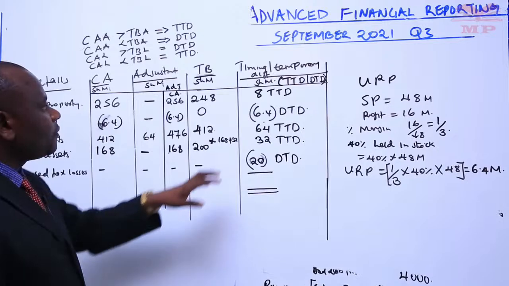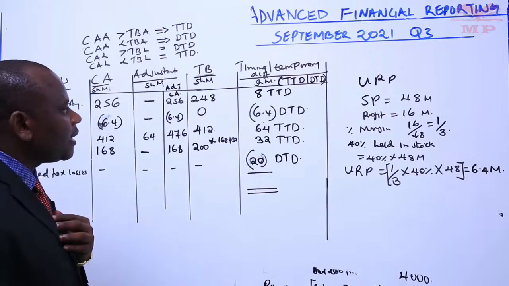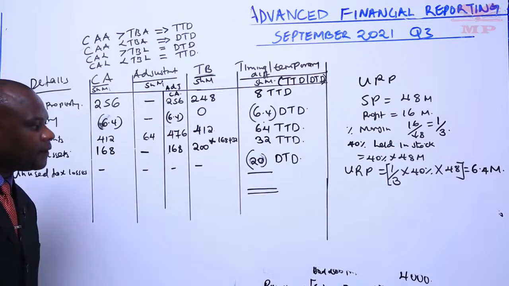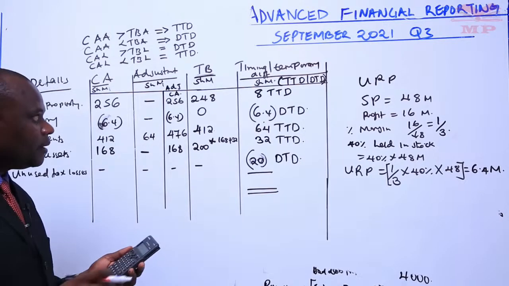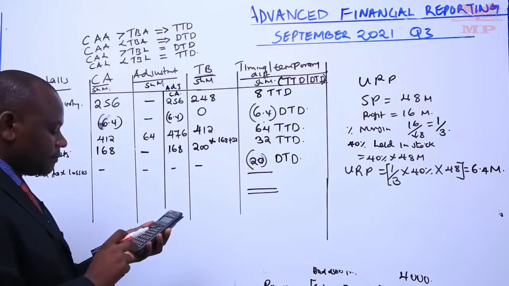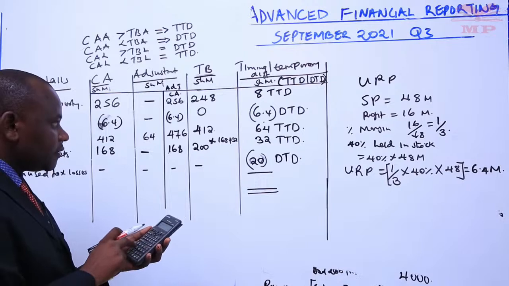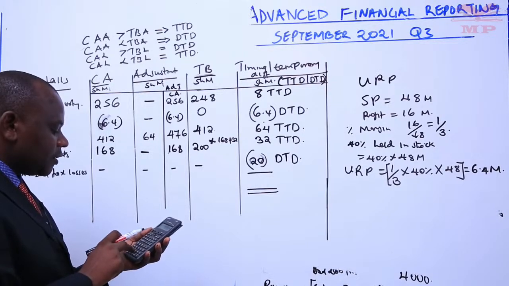Deductible temporary differences result in deferred tax asset, while taxable temporary differences result in deferred tax liability. So we add 8 minus 6.4 plus 64 plus 32 minus 20.